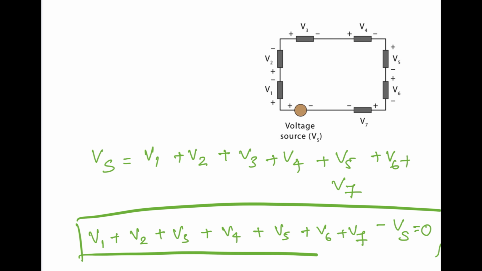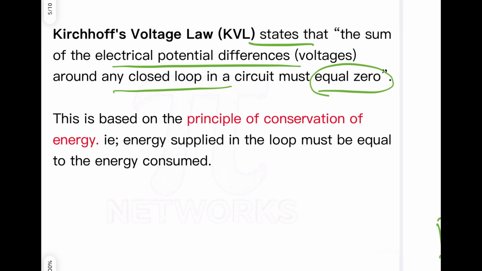This is what is stated by KVL. Similar to KCL, the principle is based on the conservation of energy. That is, the energy supplied in a loop must be equal to the energy consumed by the different elements in the circuit.